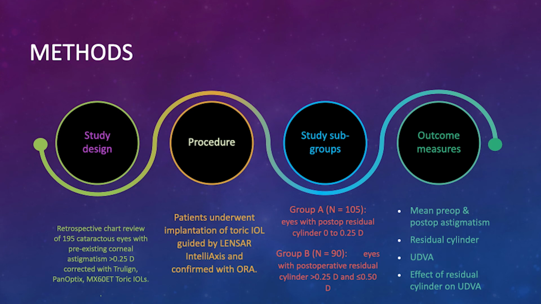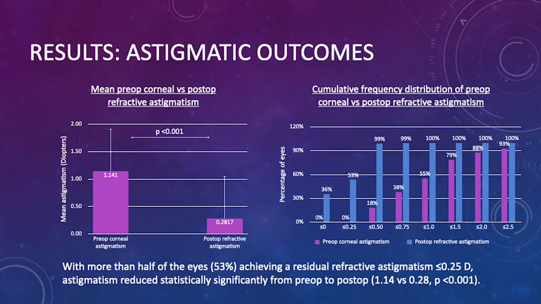We measured the outcomes of mean preoperative astigmatism, residual cyl, uncorrected visual acuity, and effects of residual cyl on the visual acuity. Next slide. So these were the results, with more than half of the eyes, at 53%, achieving a residual astigmatism of a quarter or less.